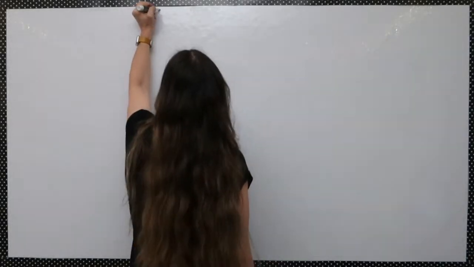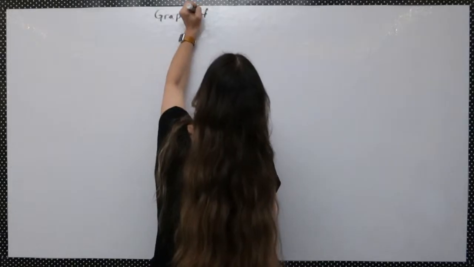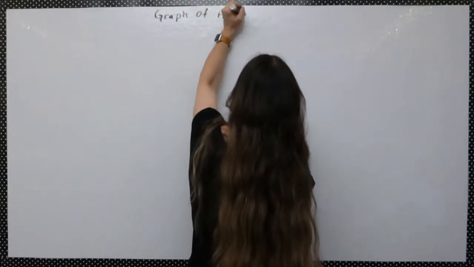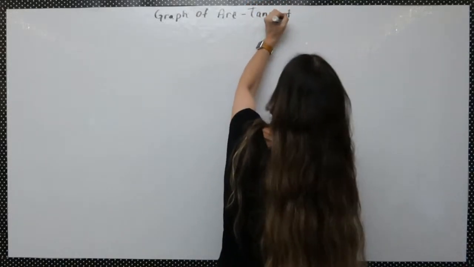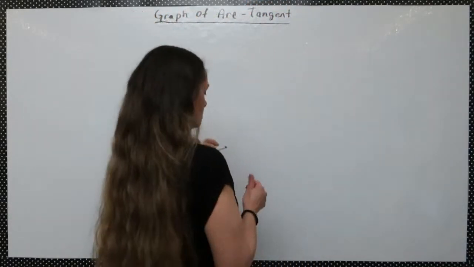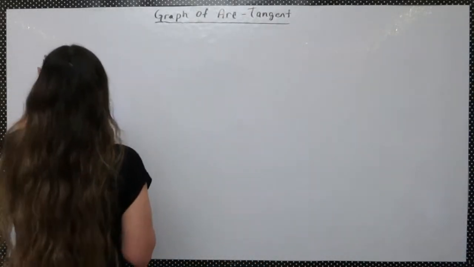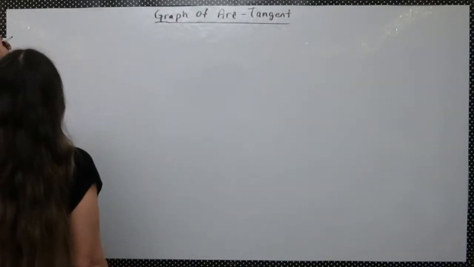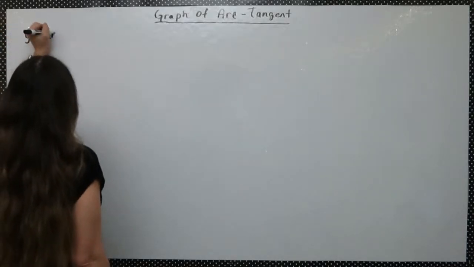So we'll title this the graph of arctangent. The tangent is very useful in solving problems in upper level math and trigonometry. Having a general idea of the behavior of the graph is very important, and knowing your restrictions in your domain and range. Tangent is slightly different though, so we'll start out with y equals tangent x.